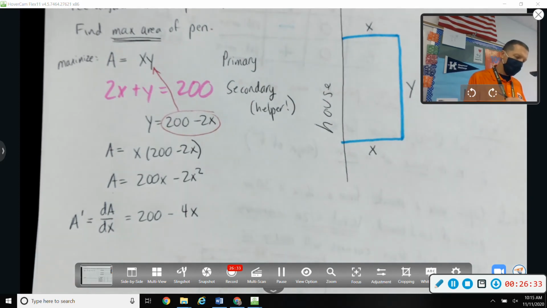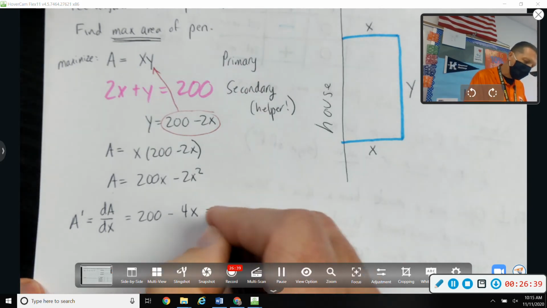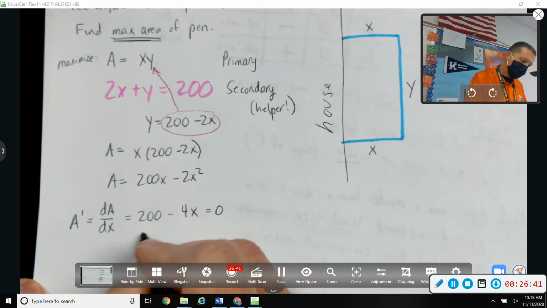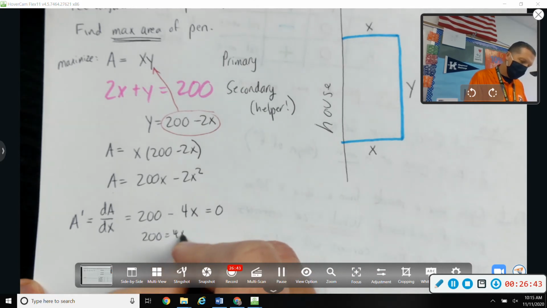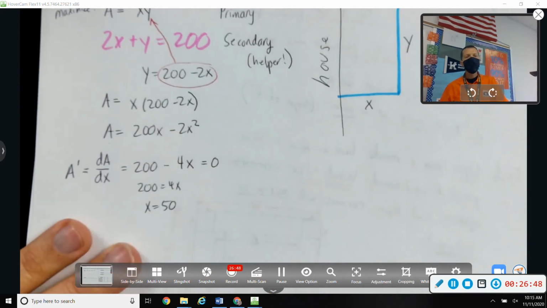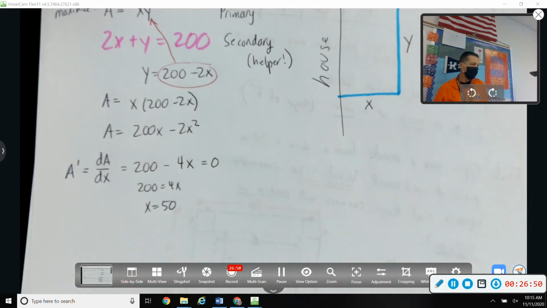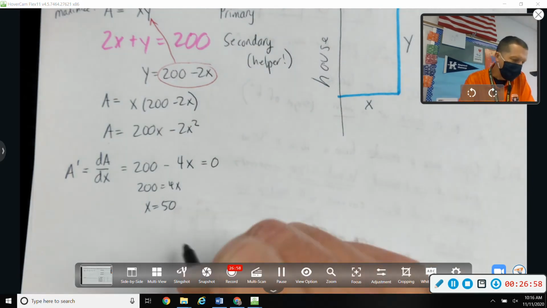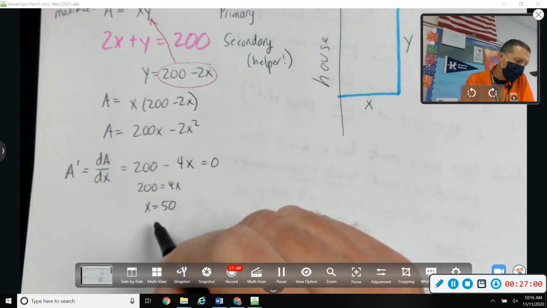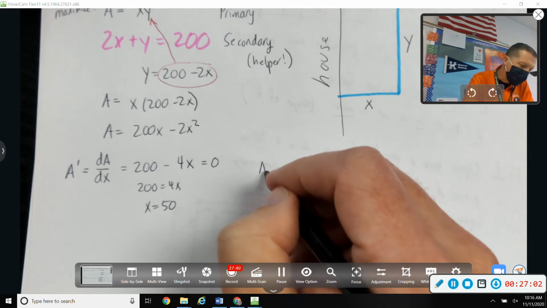Again, because maximums and minimums happen at places where the derivative is 0, x equals 50 would give me a derivative of 0. But I don't know yet if that's a max or a min. Right? I would hate for Mr. Longmire to minimize the area of his pen.